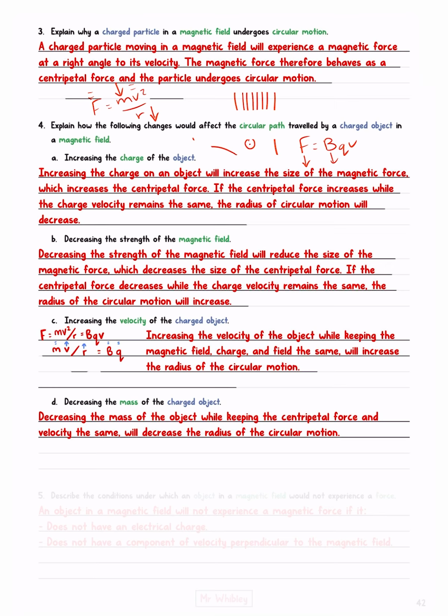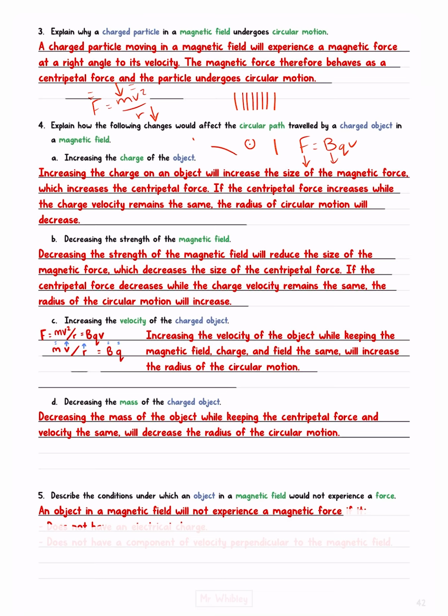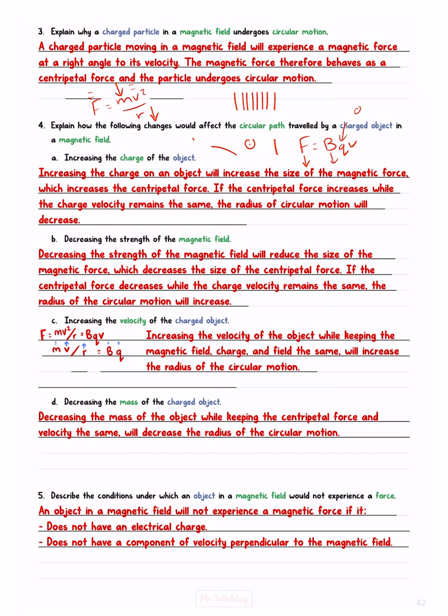Question 5. Describe the conditions under which an object in a magnetic field would not experience a force. An object in a magnetic field will not experience a magnetic force if it does not have an electric charge. So if our Q is 0, then our force is going to be 0, or it does not have a component of velocity perpendicular to the magnetic field.